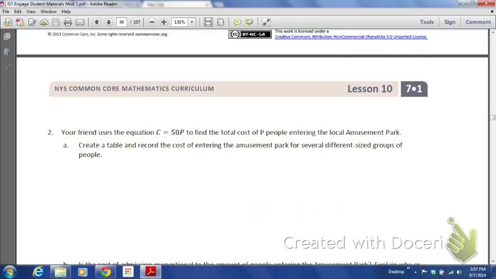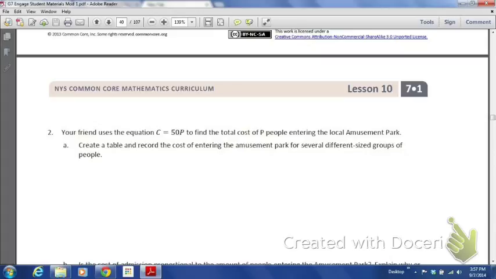Okay, so exercise 2 here: your friend uses the equation C equals 50p to find the total cost of p people entering the local amusement park. So we've been given our equation, which is C equals 50p.